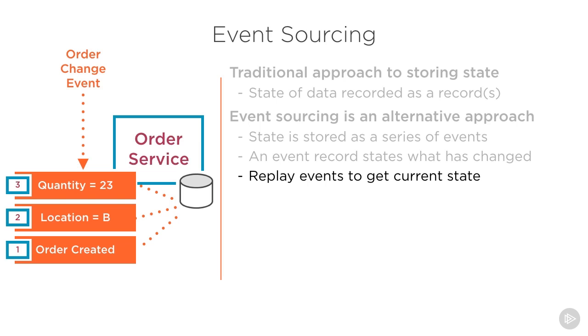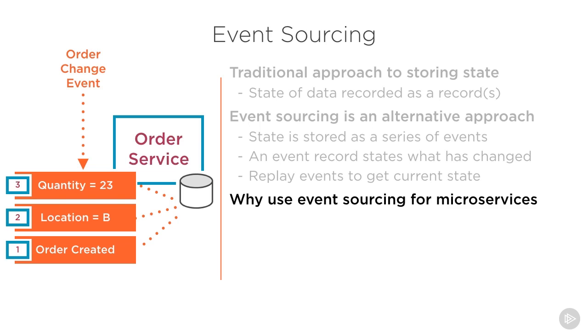For example, the second event was that the location of the order has been changed. And then the third event is to do with the quantity within the order changing. So in order to work out the complete current state for this order, we would have to replay events 1, 2, and 3 in the correct order to work out that this is the order, the location is B, and quantity is 23.